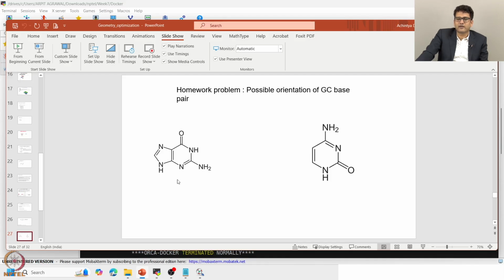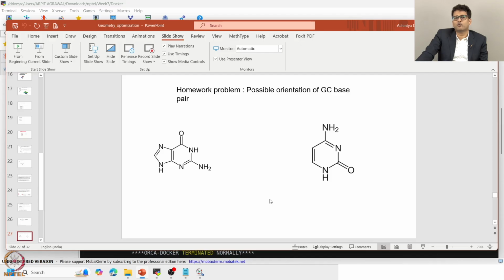So, you have to make the individual structures of guanine and cytosine, maybe with Avogadro, and then make one of them the guest and one of them the host, and then use the similar kind of Docker we showed for two water molecules. Remember, here the molecules are different, and then you can find out the lowest energy orientation and what other orientations are possible other than the popular Watson-Crick model.